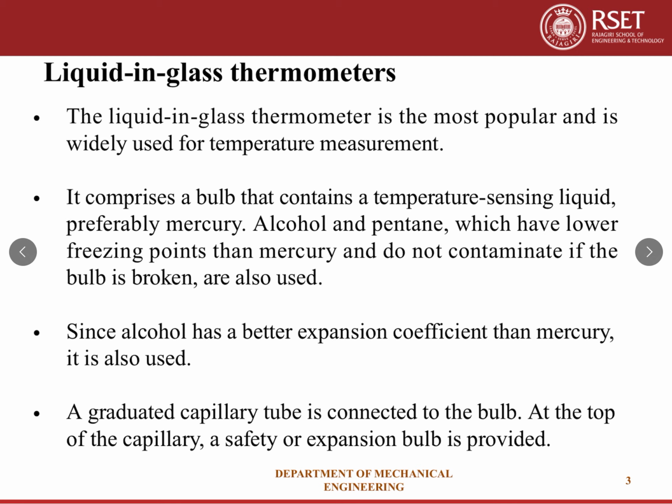It comprises a bulb that contains a temperature sensing liquid, for example mercury, preferably mercury. Alcohol and pentane, which have a lower freezing point than mercury and do not contaminate if the bulb is broken, are also used. Since alcohol has a better expansion coefficient than mercury, it's also used.